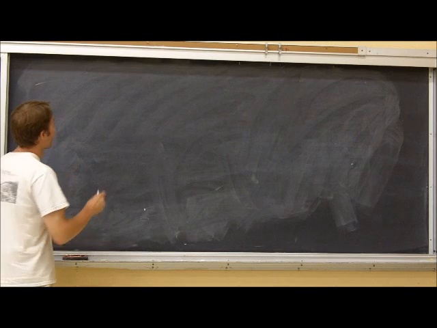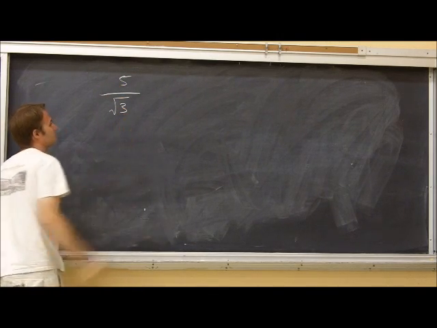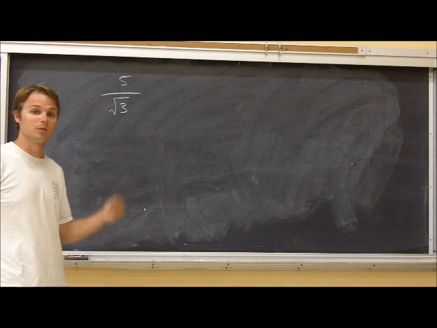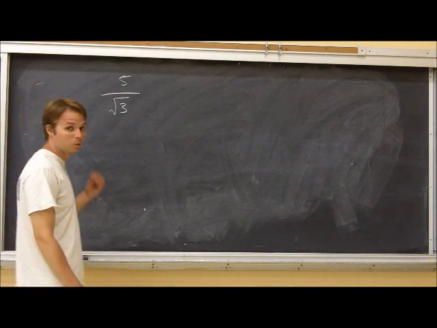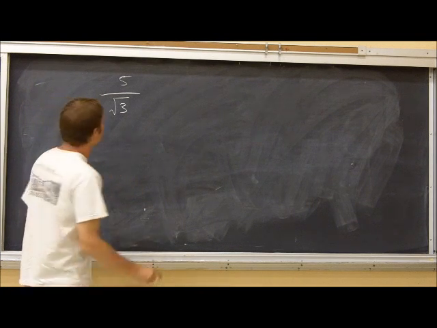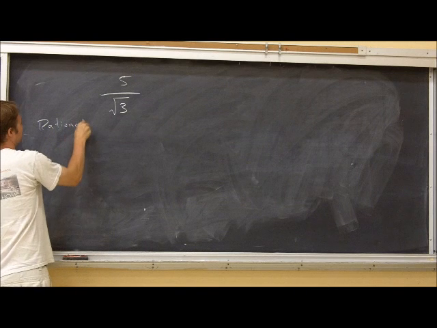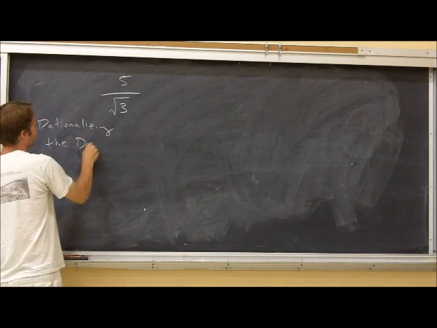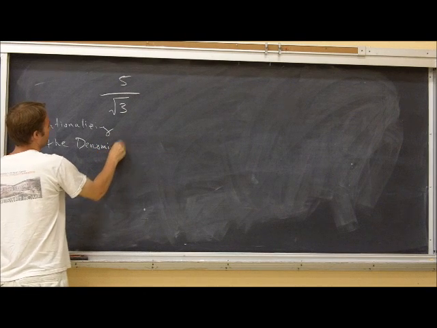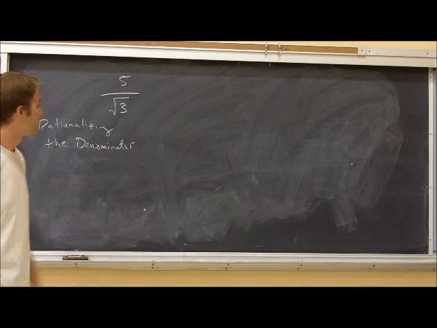So typically if we have, for example, something like this, an expression where we have a radical in the denominator of that fraction, we want to remove this. This is called rationalizing the denominator. So we're going to rationalize this denominator. In other words, we're going to remove all of the radicals from the denominator.